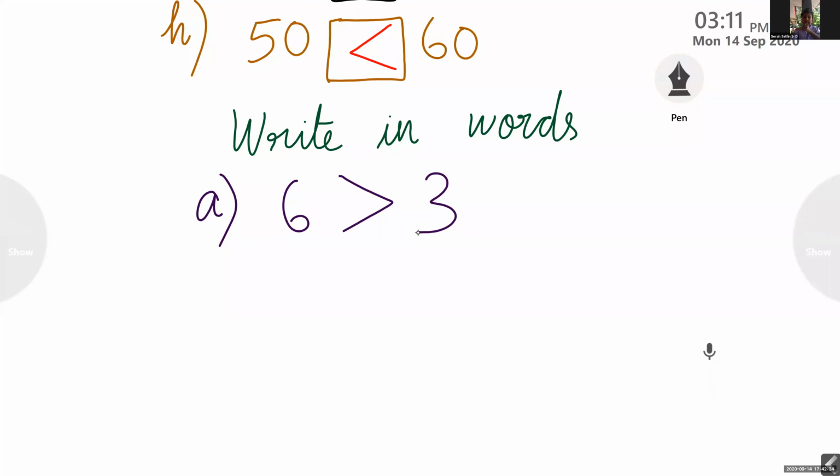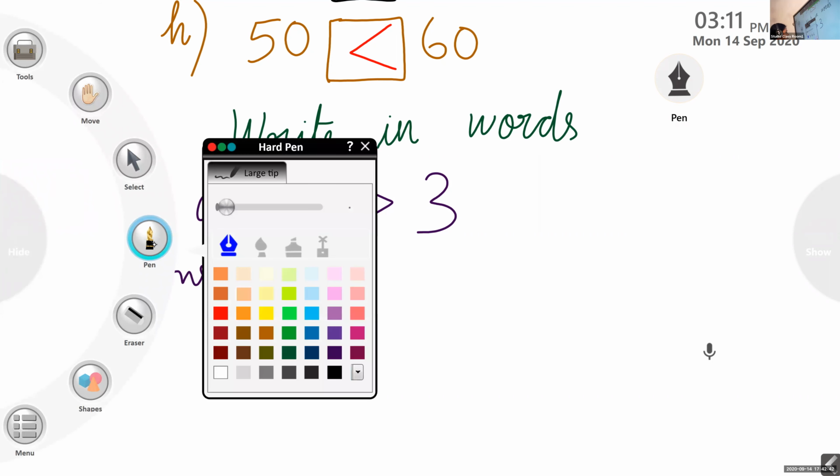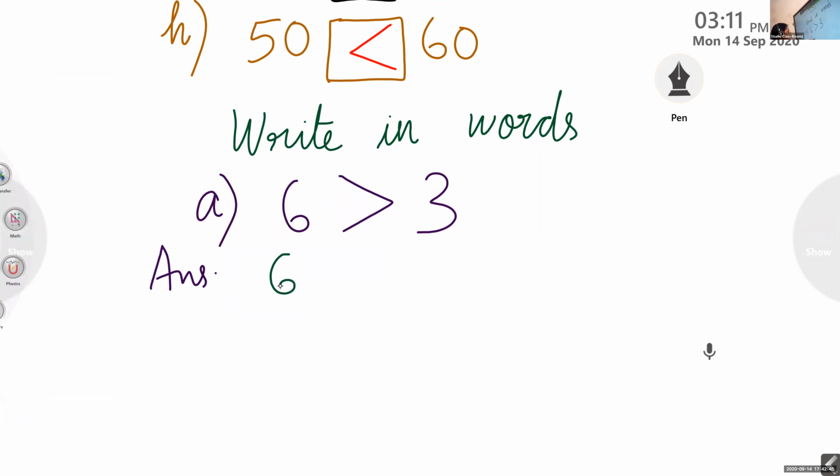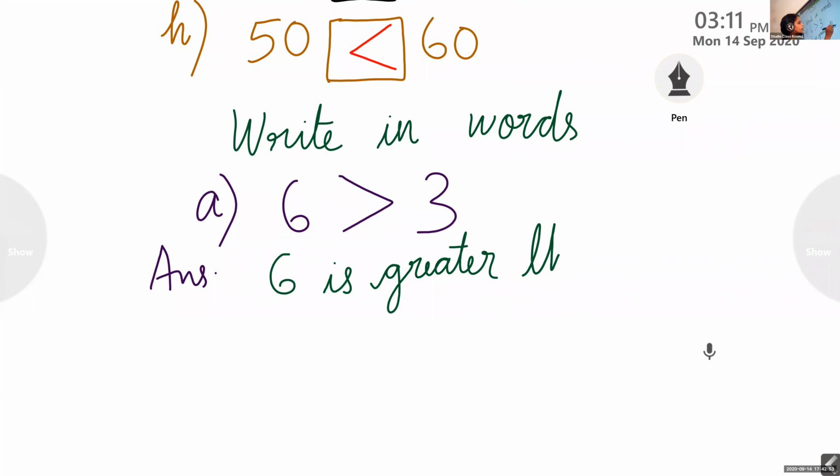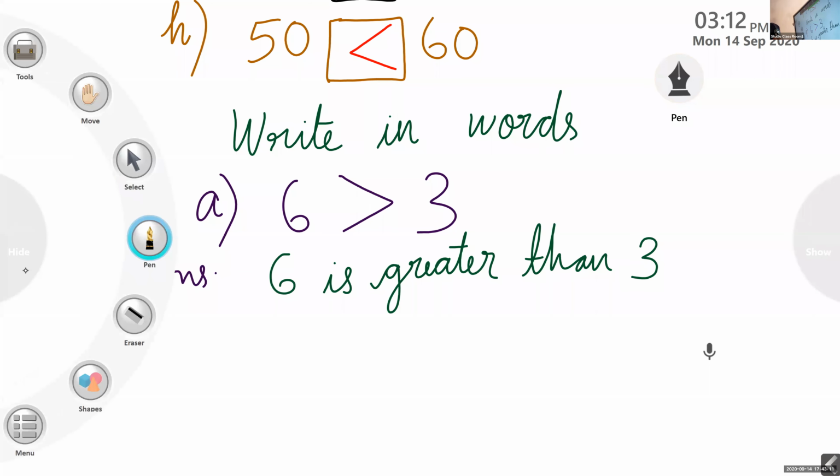So you can write the answer: 6 is greater than 3.